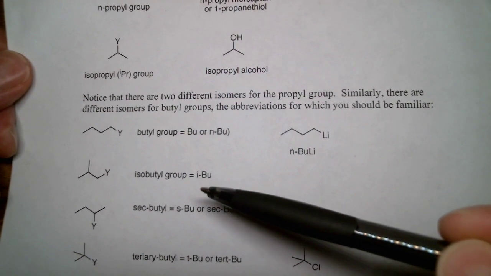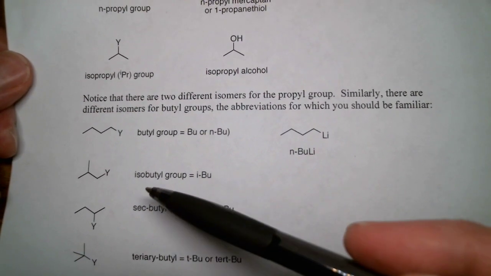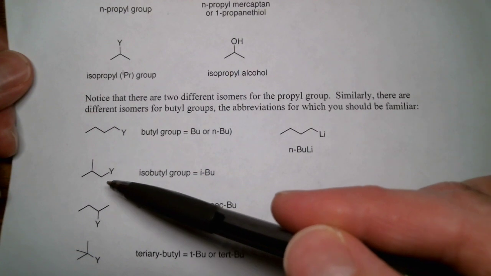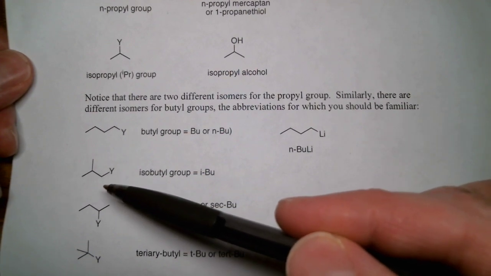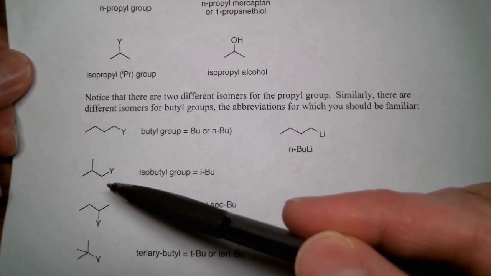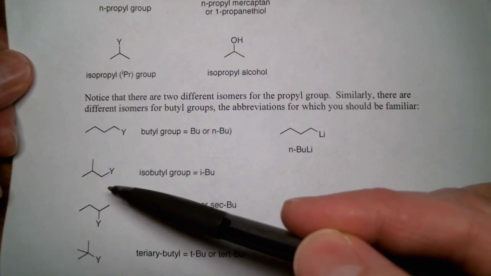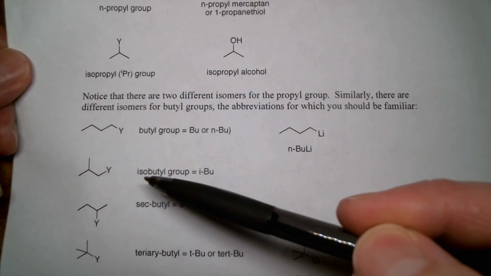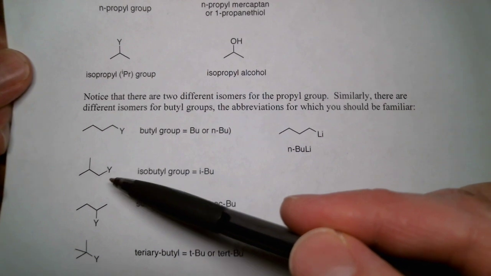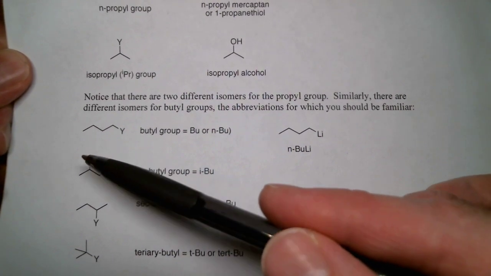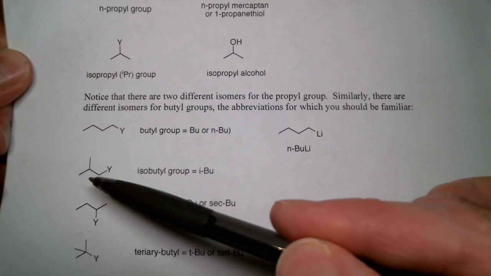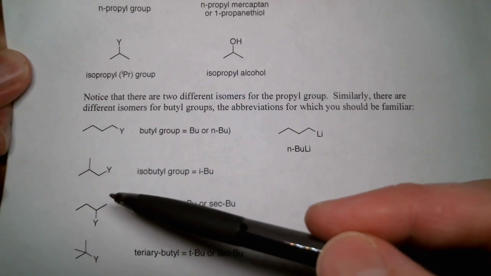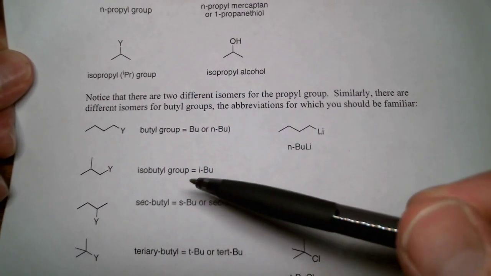We have something called an isobutyl group, where it's a 2-methylpropyl group in IUPAC naming, but we call it isobutyl because it would be the same if you bonded the Y to any of the primary carbons in that isobutane.